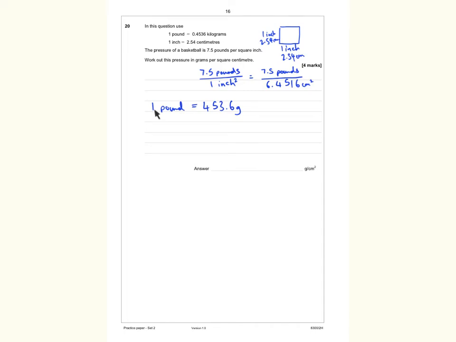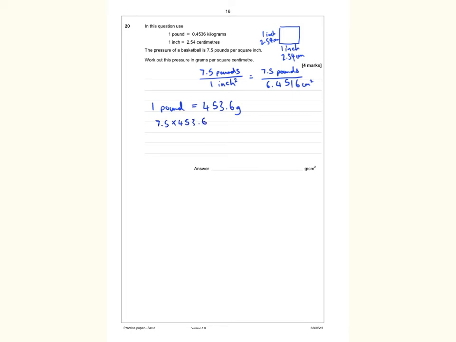So to go from 1 pound to grams, it's this many grams. So for 7.5 pounds, I would have to multiply that by 7.5. So I'm going to put that in my calculator. So what I'm doing now is 7.5 times 453.6, and that will give me grams.